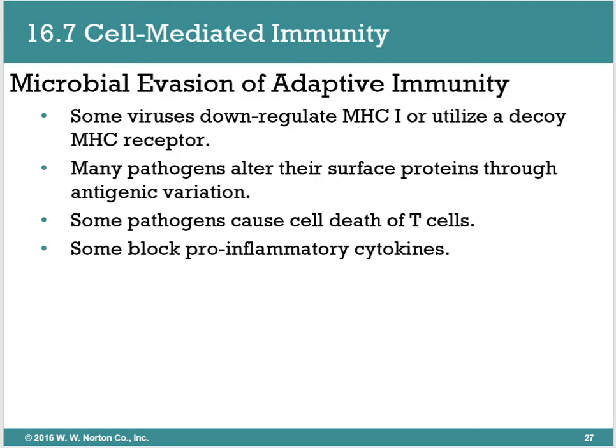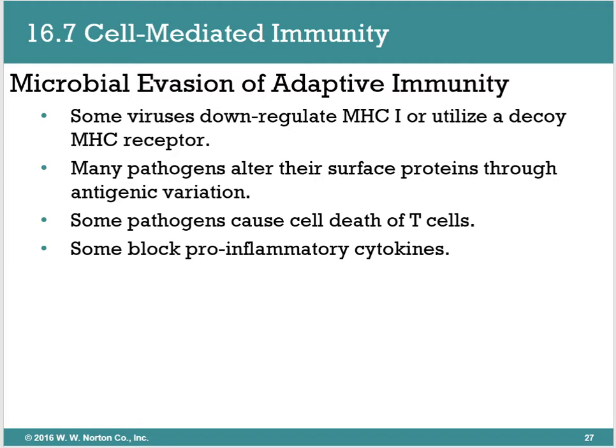And also there are pathogens that can alter the cell surface once they invade a host cell. If it started off with a certain protein on it, when a pathogen invades, it will change that protein on the cell surface.